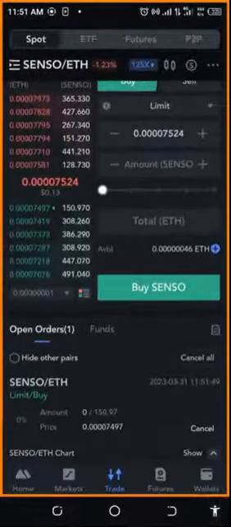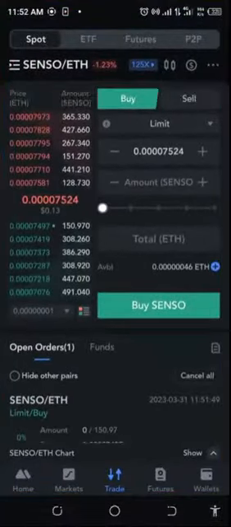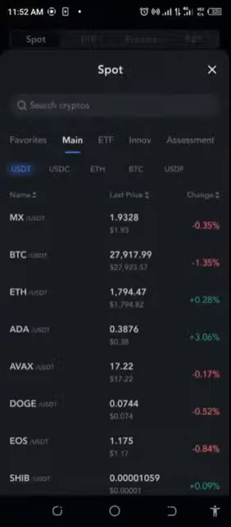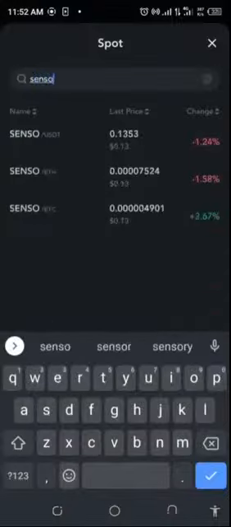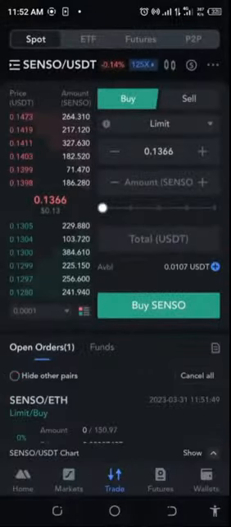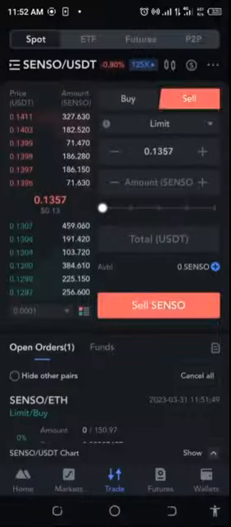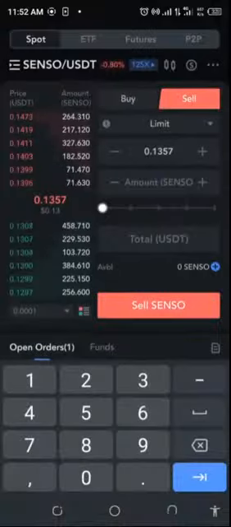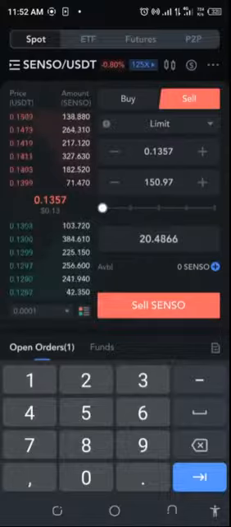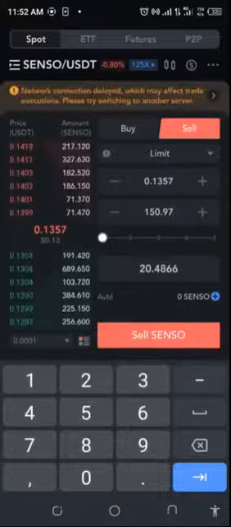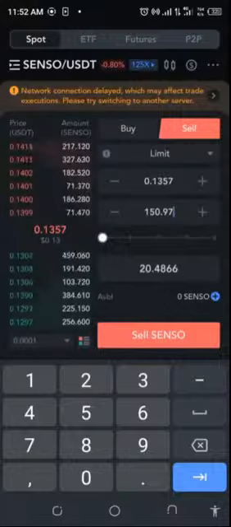Okay, let's quickly go and see if we sell this to Senso USDT, how much we're gonna make. That was 150.97. Whoops, we're gonna make 20.48.